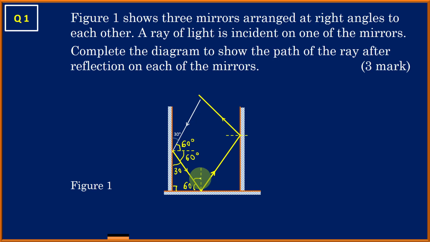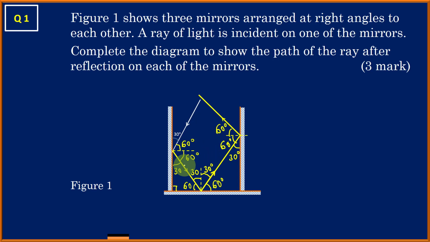So this again will be 30 degrees because this is 90 degrees. Again, the angle of reflection here will be 30 degrees. This will be 60 degrees. When this ray strikes this point, this again will be 30 degrees because the sum of the angles in a triangle is again 180 degrees. That means that this one is 60 degrees and the angle of reflection finally here is 60 degrees.